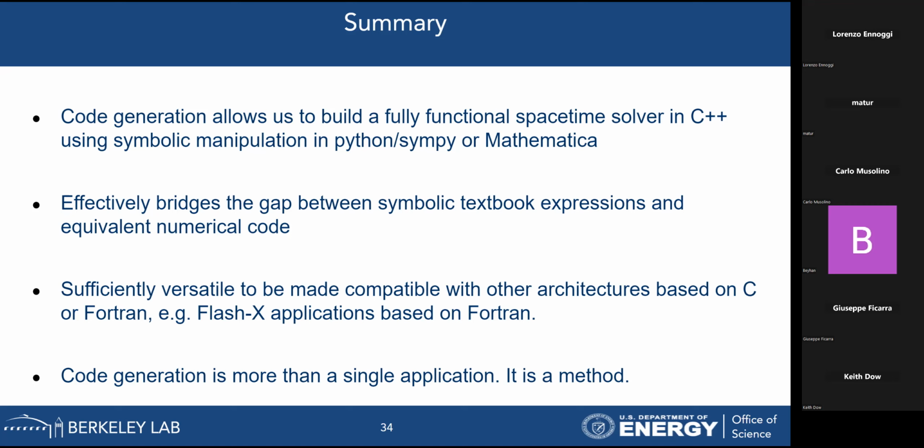Short answer, yes, we used it for both the right-hand side code as well as things like ensuring constraints, ensuring that our gamma tilde, our conformal metric, remains determinant equals 1.